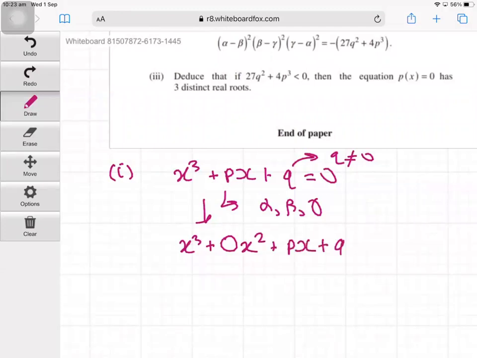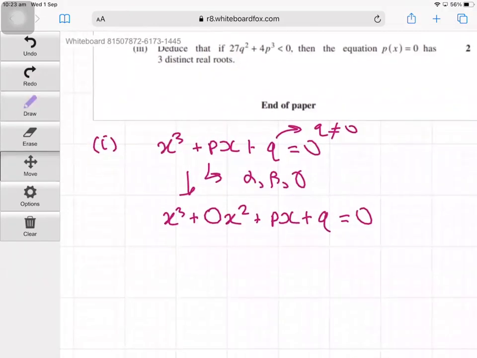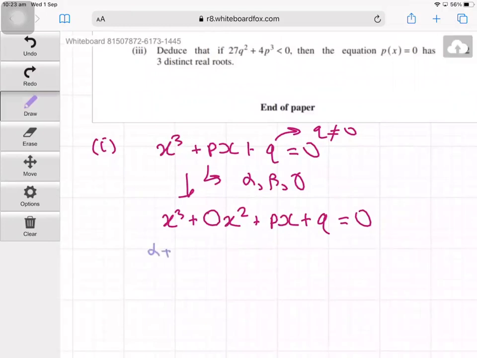Now, using the formula for the sum of the roots, the sum of the products of the pairs of the roots, and the product of the roots, we have the sum of the roots is equal to the negative 0 divided by the leading coefficient of 1, which is equal to just 0.